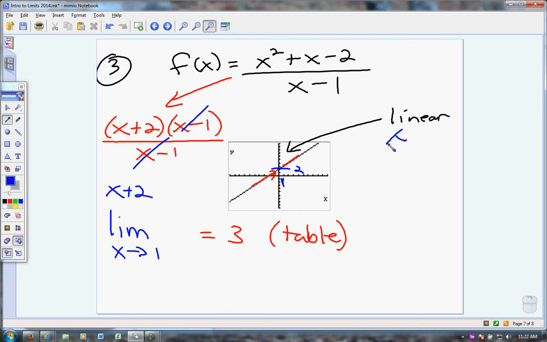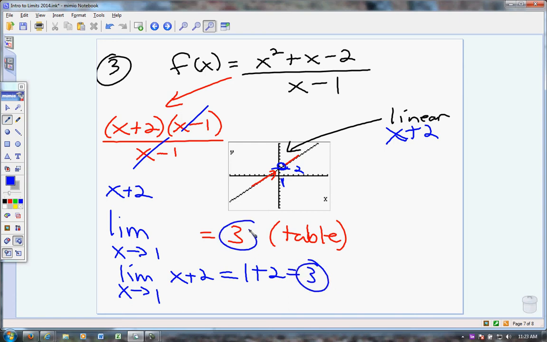Isn't that what this looks like? Doesn't it look like x plus 2? We just happen to have a hole at 1. So there's actually a hole here. Now we can do this analytically. I can find the limit as x approaches 1 of x plus 2 analytically. Don't I just plug in the 1? 1 plus 2 is 3. And that's the same thing we saw from the table.